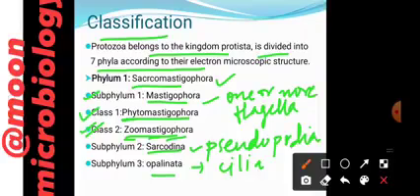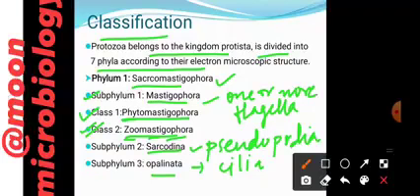So here we have discussed the first phylum, Sarcomastigophora. It has a simple type of nucleus, and it is further divided into three subphyla: Mastigophora, Sarcodina and Opalinata. Mastigophora have one or more flagella. Sarcodina move through pseudopodia. Opalinata move through cilia.